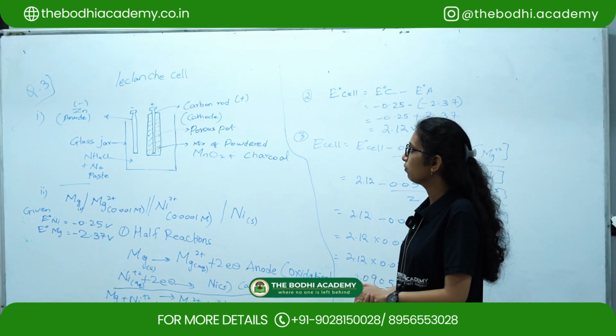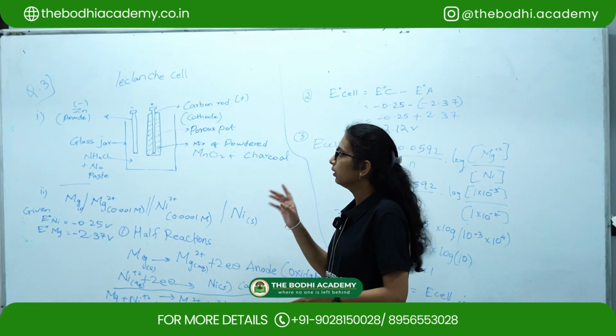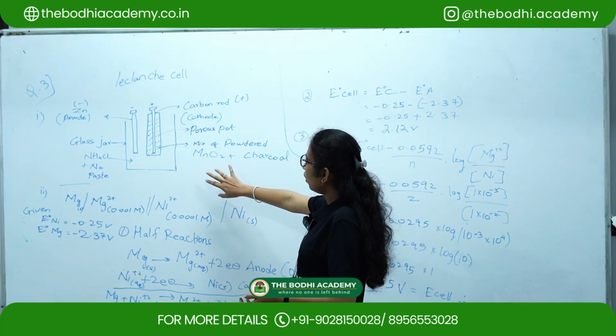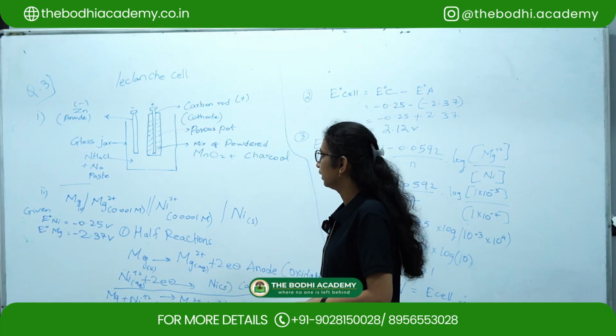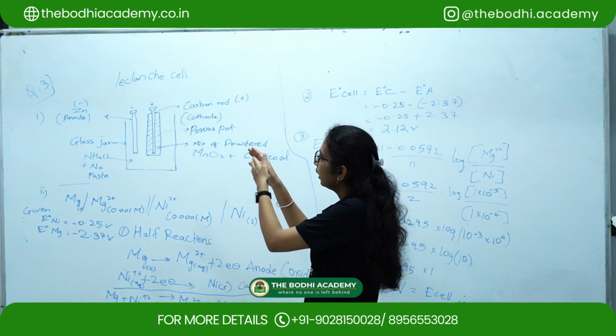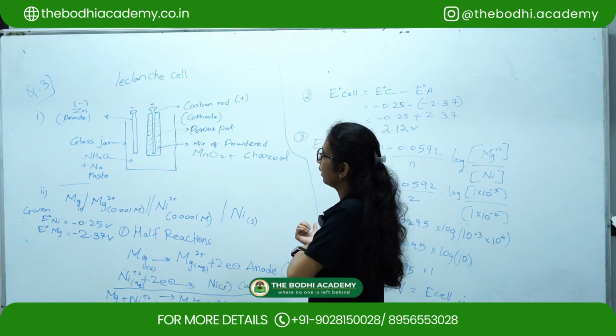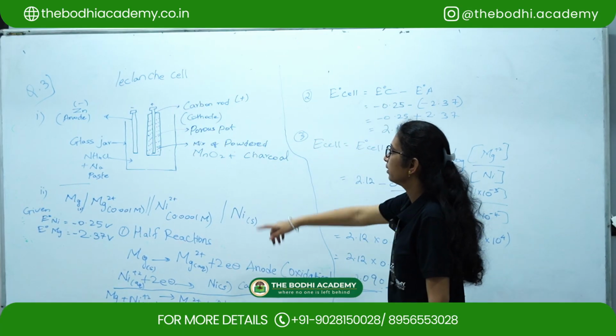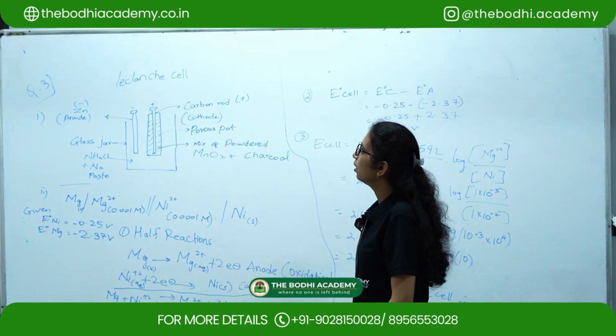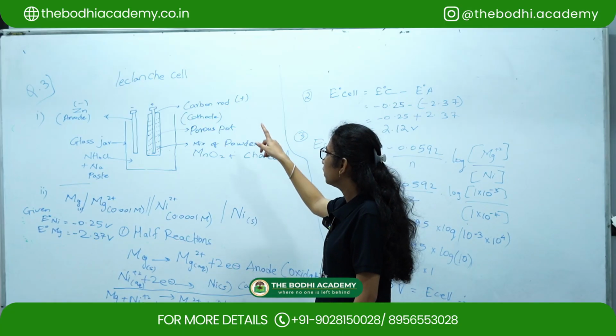First, they have asked for the diagram of the Leclanché cell. So this is the diagram. There is an anode and a cathode. The anode is a zinc electrode over here, and the cathode is a carbon rod.